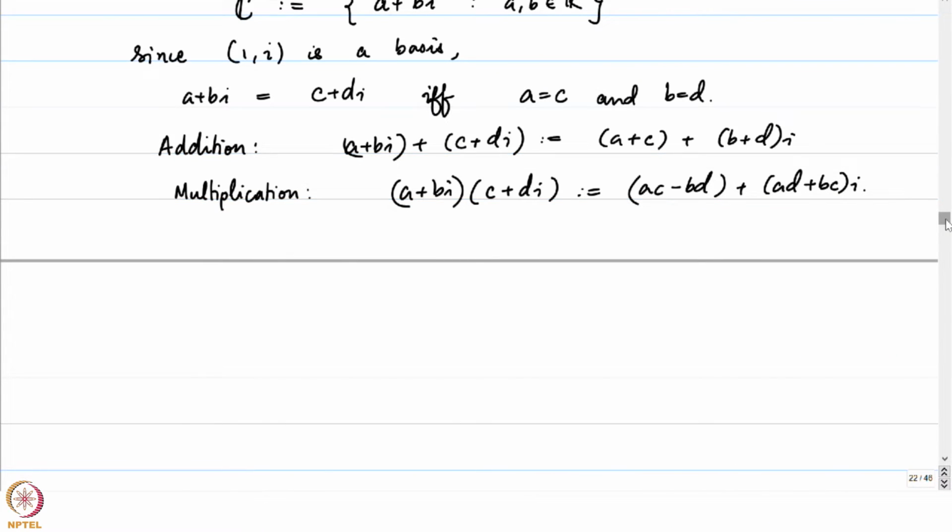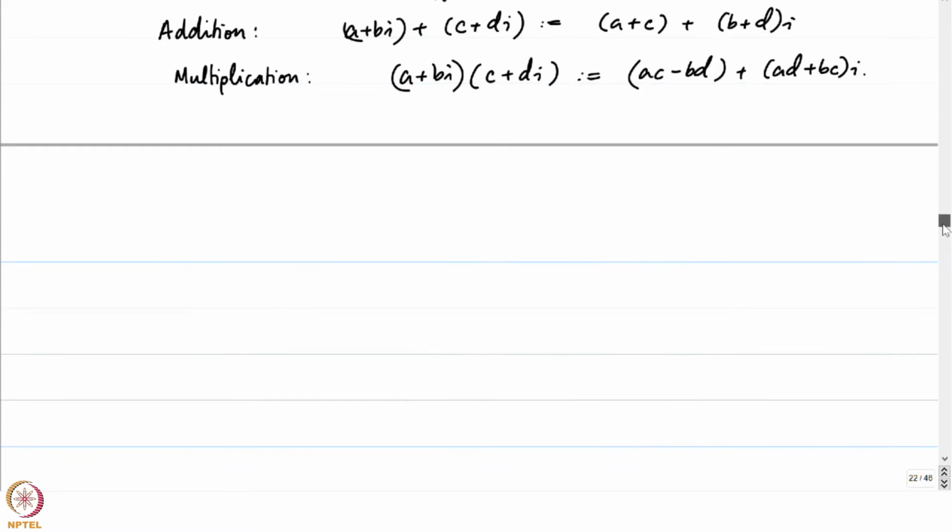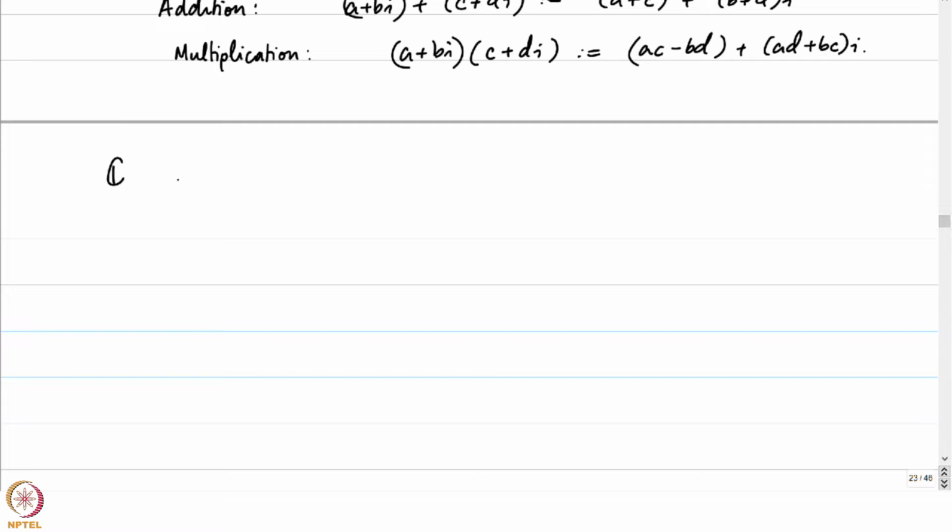So if you have not seen a course on abstract algebra or ring theory, you may as well start this course, complex analysis, here by taking this as our definition of the field of complex numbers. It's a collection of all elements of the type a plus bi, where a and b are real numbers, and addition and multiplication are defined in the manner written here. And you can sit down and check that C is a field of complex numbers with these operations.